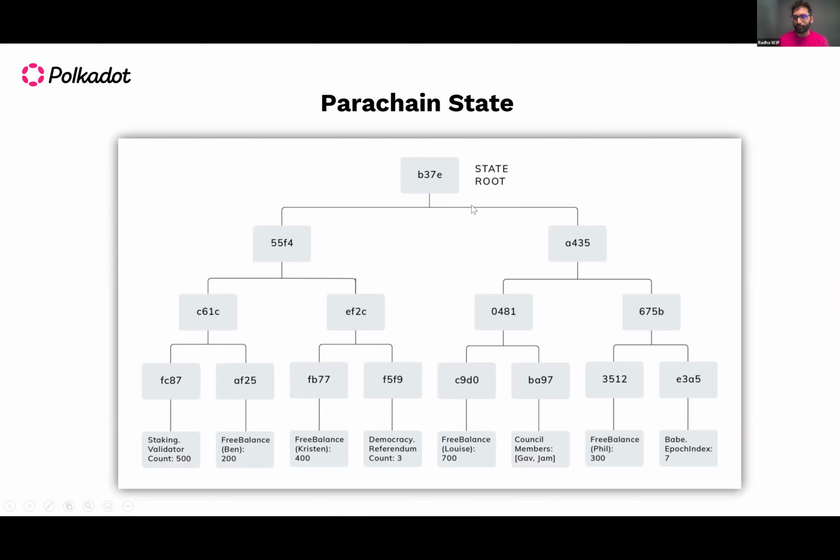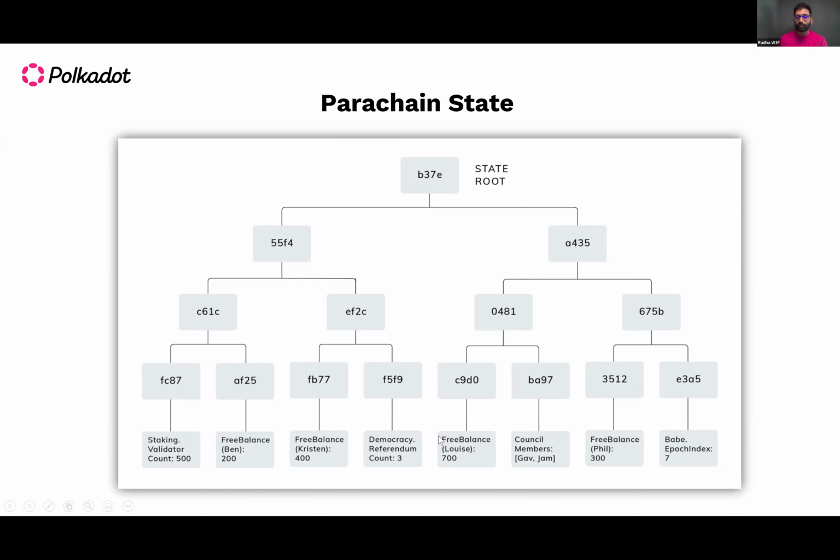For those of you who are aware of blockchain data structures, the Merkle tree is a really popular blockchain data structure. The way it works is, you have blockchain state, right? Let's take a Substrate based blockchain. You have balances. Let's say you have a Polkadot account with a certain balance.